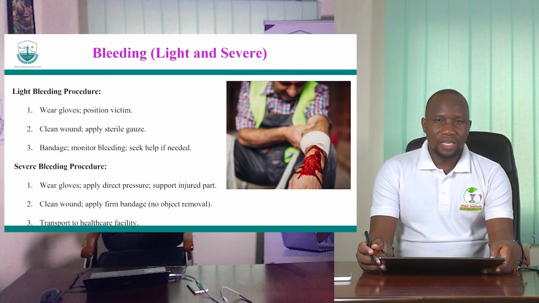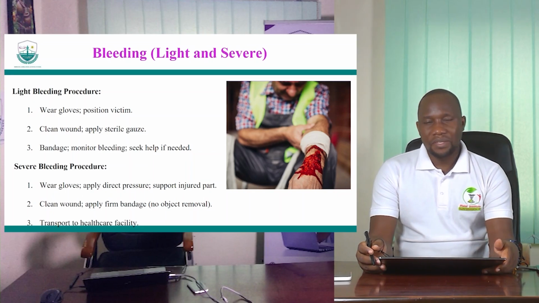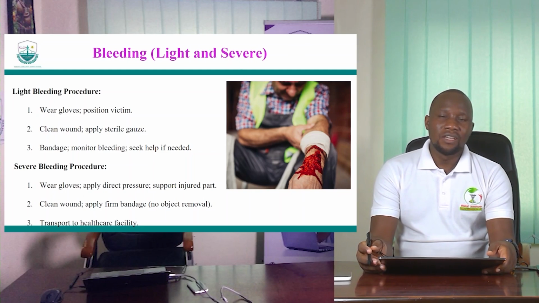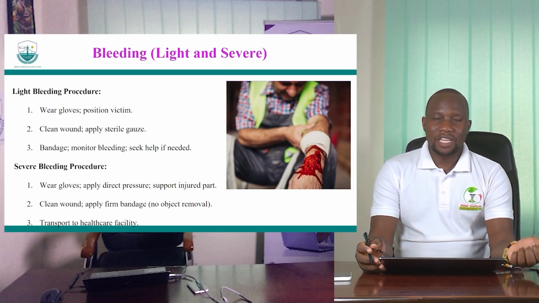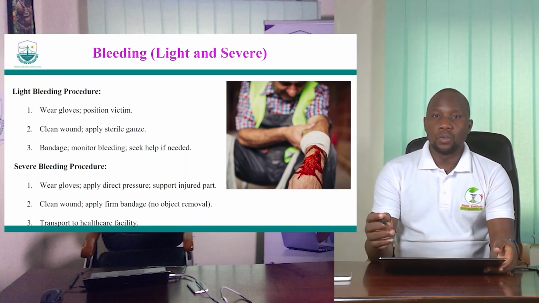Prevent infection by cleaning the wound, and also arrest the bleeding, and then take the patient for medical evaluation. Arresting the bleeding in this case is what I explained earlier on. Use a bandage to tie the part above the bleeding part, such that they don't lose blood.